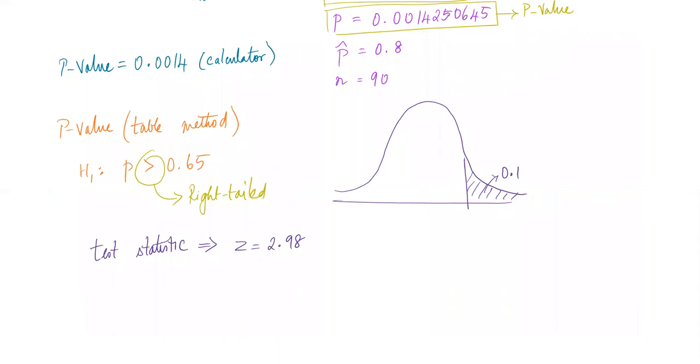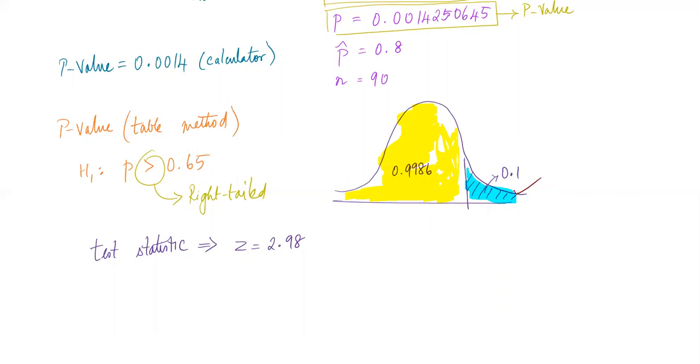Now this 0.9986 information is actually for the area to the left, right? Because that's what the table tells us. But we are interested in area to the right. This is what we want.